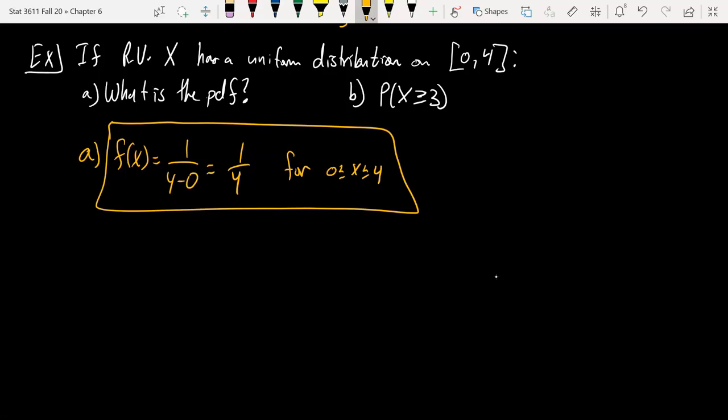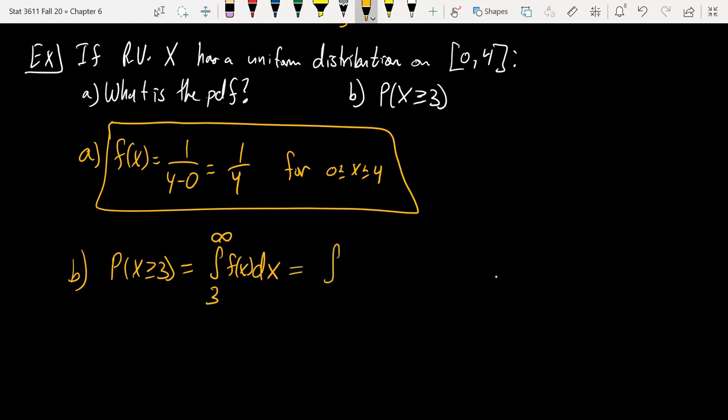Those bounds are important, because when you look at part B, asking about the probability that x is greater than or equal to 3, technically, if we're going to be complete, we would integrate our density function from 3 to infinity. But we know that our density is 0 for anything after the upper bound, which is 4.